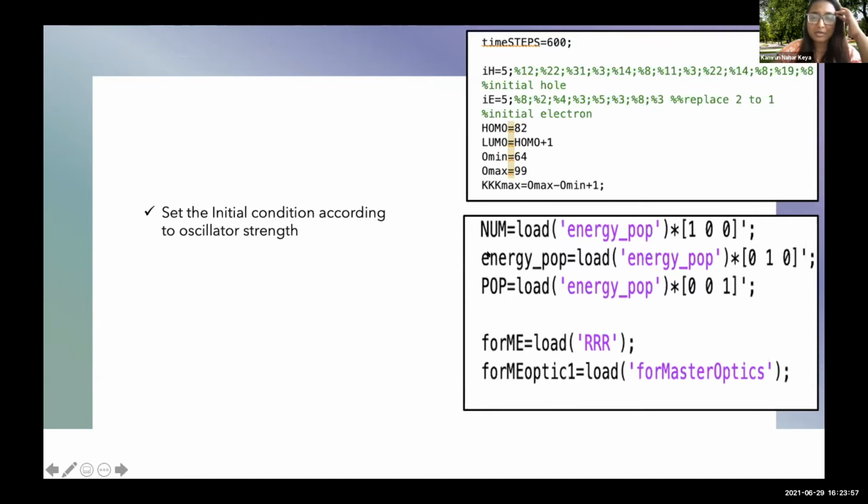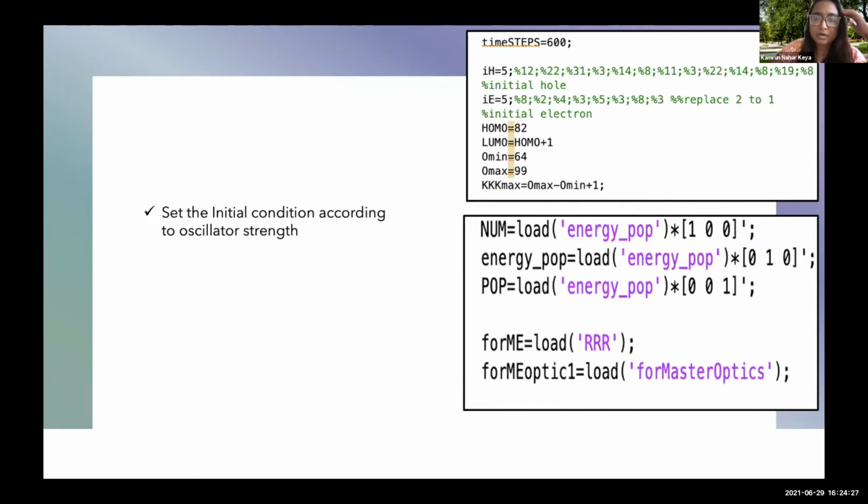This code is provided by the professor, and the HOMO, LUMO and minimum values of the model is 64. It's for my model. I think this one is the most important for plotting those graphs already shown by Amir.